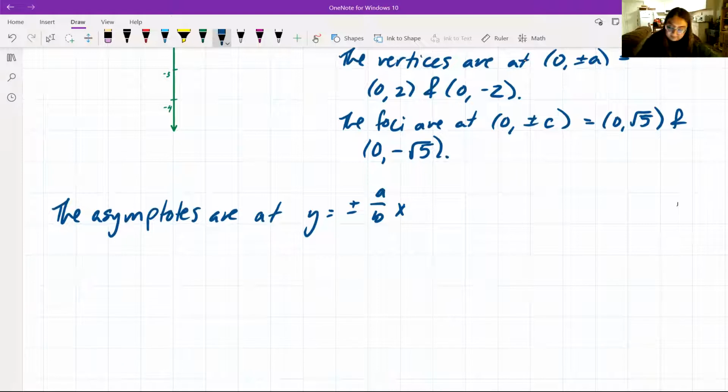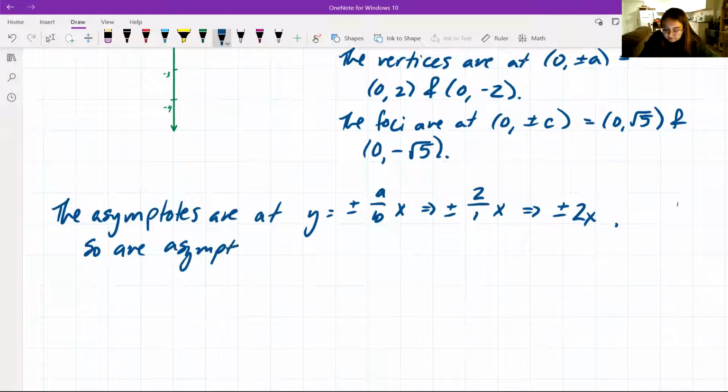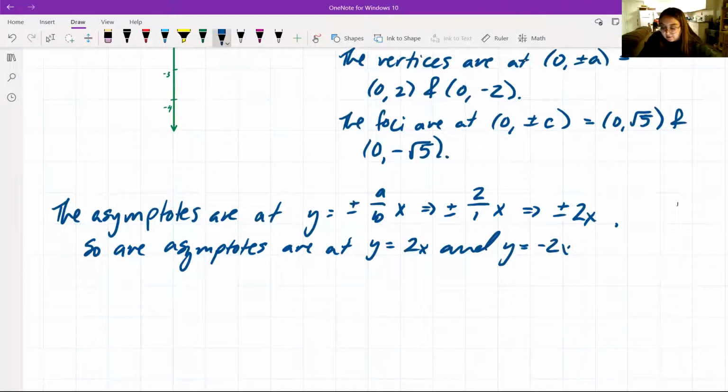So plugging in our values for a over b, this is plus or minus 2 over 1 times x, which means it's going to be plus or minus 2x. So our asymptotes are at y is equal to 2x and y is equal to negative 2x. So those are going to be our asymptotes.